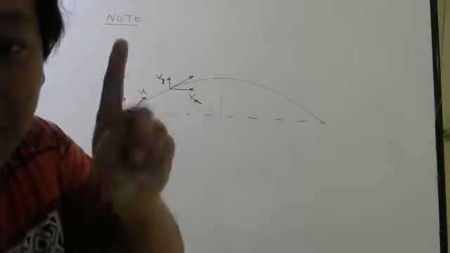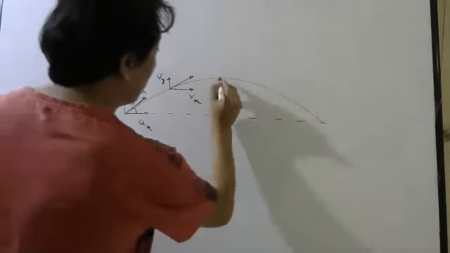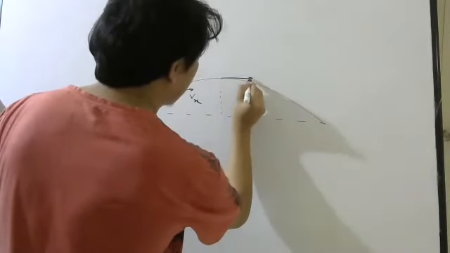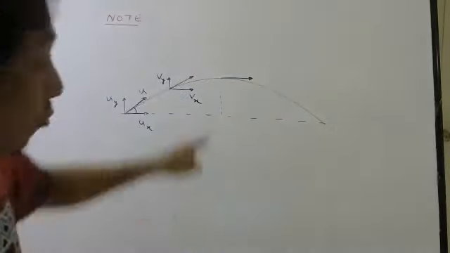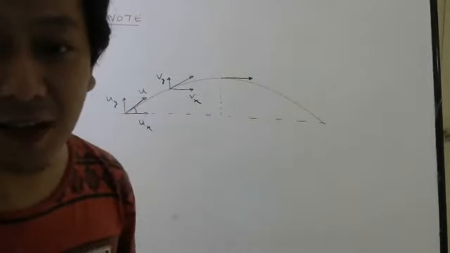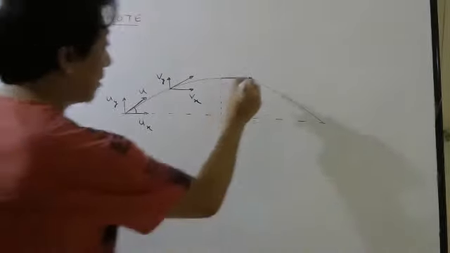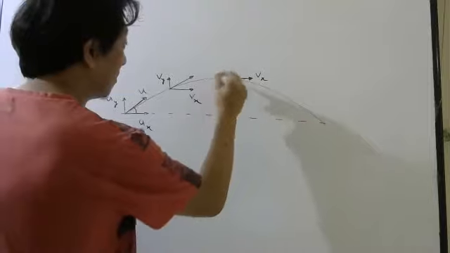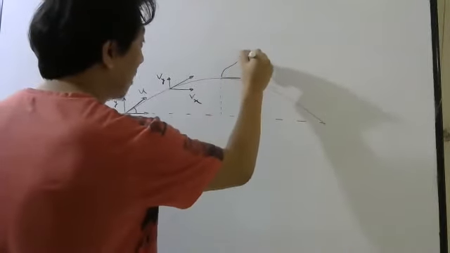Perfectly horizontal. Agree, right? So when the body reaches the highest point, velocity will be like this. So when it reaches there, it has only which component of velocity? X or y? Only x. So here only vx. Here vy is 0.